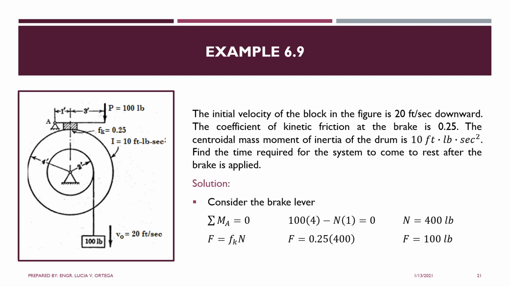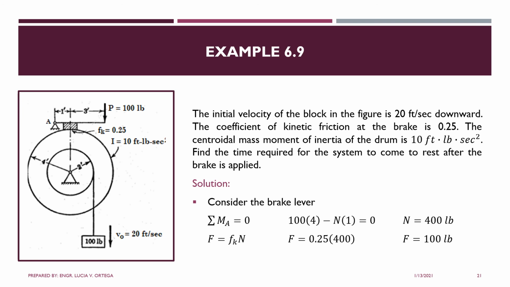So first, let us consider the brake lever. We take the free body diagram of the brake lever only. There will be a normal reaction at the point of contact. There is a given coefficient of friction. Summation of moment at A equals to 0.